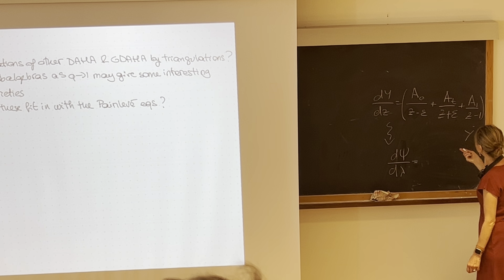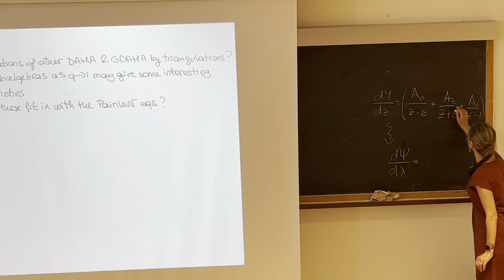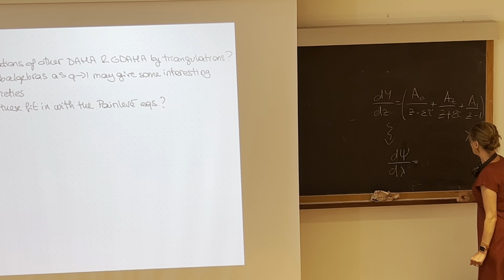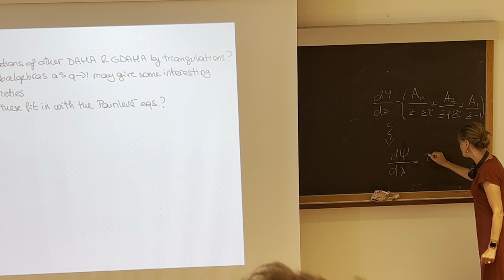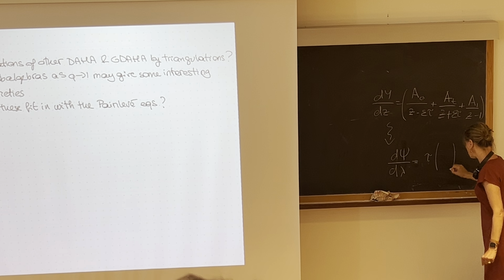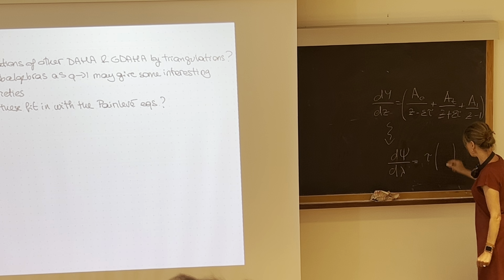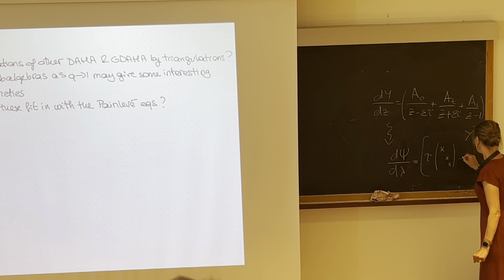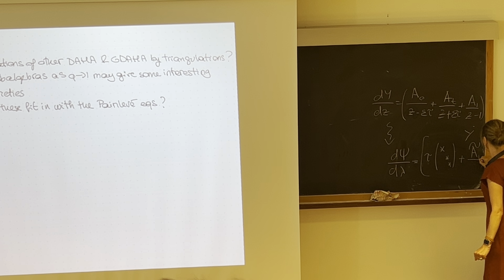in which, maybe let me put a tau here, in which I have tau that multiplies a matrix, maybe a constant matrix, doesn't matter, plus another one. I haven't really cooked this up very nicely.